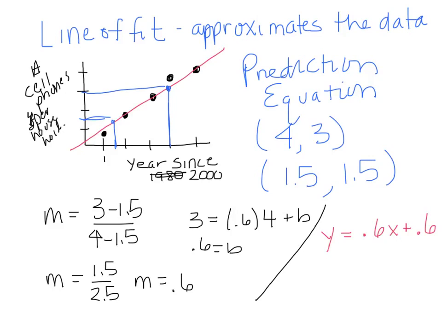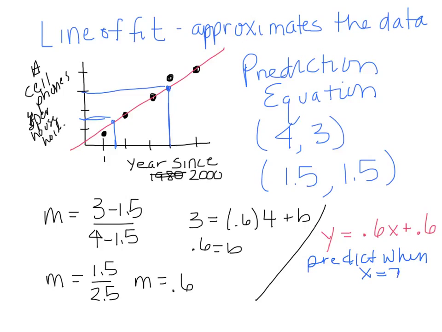And this is a prediction equation, because now I can make predictions. Let's say I've only got the data for years 1 through 5. Maybe I want to predict when it's 2007, okay? So let's make a prediction when x is equal to 7.